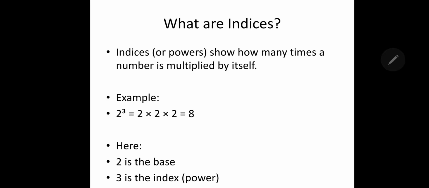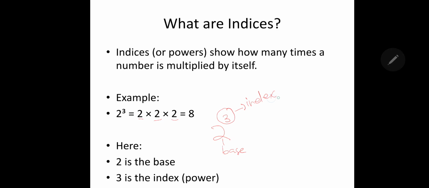So what are indices? Indices or powers show how many times a number is multiplied by itself. From the example down here, 2 by 2 by 2 means 2 to the power 3, right? The 2 here, the bigger number, is called the base. And then the 3, the smaller number, is called the index or power or exponent.